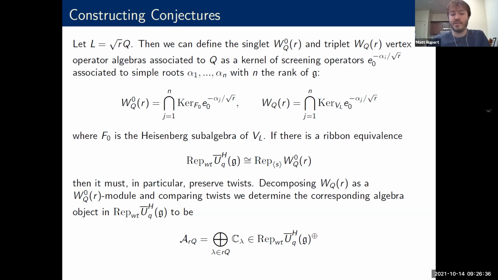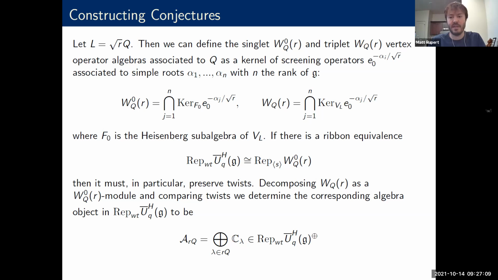So we want to identify some algebra object in the category of weight modules corresponding to the triplet. Well, if there is such a ribbon equivalence, then it in particular must preserve twists. So we can decompose the triplet as a module of the singlet and compare the action of the twist in the category of weight modules for the quantum group with the action of the twist we would expect for the singlet.